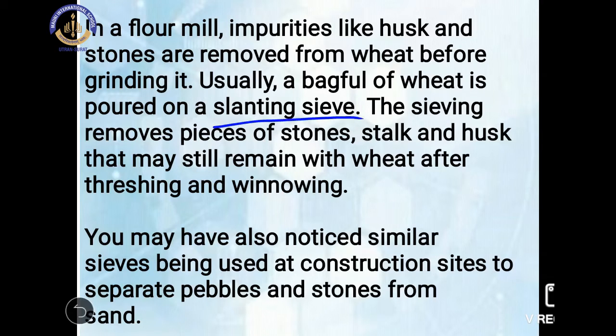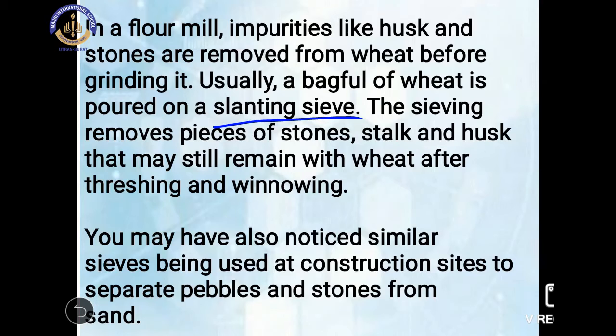The sieving removes pieces of stone, stalk and husk that may still remain with the wheat after threshing and winnowing process. If after threshing and winnowing, it still has some stones, pebbles or husk impurities with the wheat or grain, then we will use the sieving process.